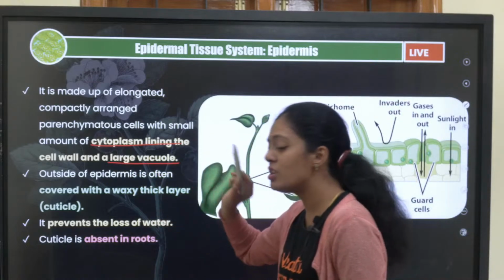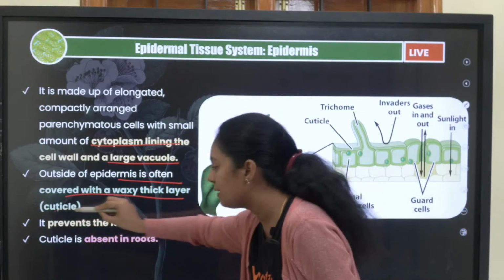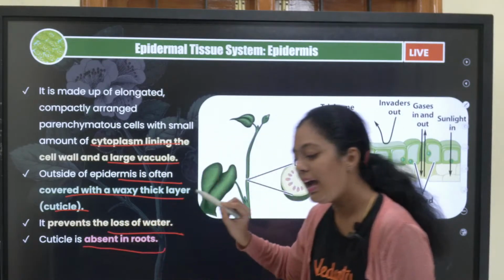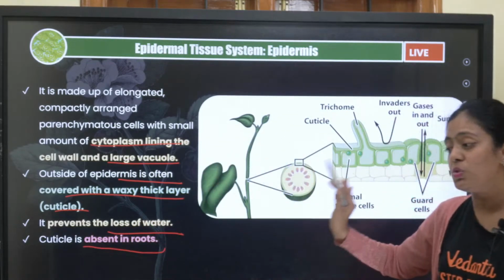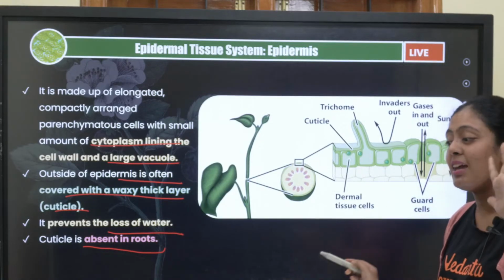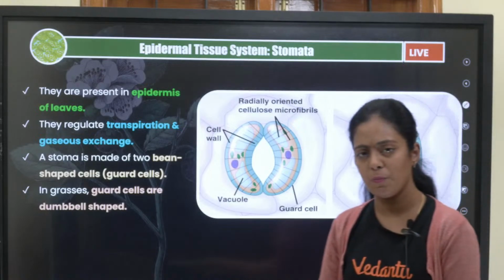They have a large vacuole. The outside is often covered with a thick layer called cuticle, and it prevents the loss of water, and it is absent in roots. I already discussed this. Cuticle is not there in roots at all. Why? Because if it was present in roots, they will not absorb water.